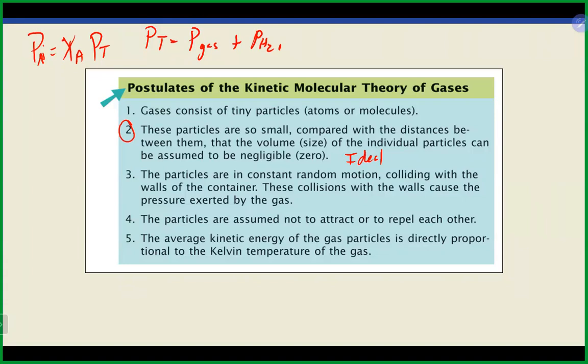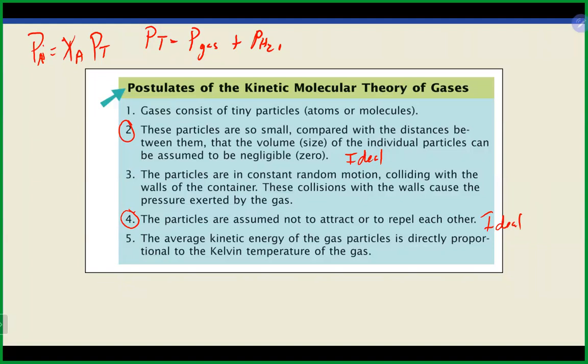The particles are in constant motion, and it's those collisions that cause the pressure we associate with gases. Number four is the other thing that makes something an ideal gas, and that's what we were just talking about with our partial pressure situation.